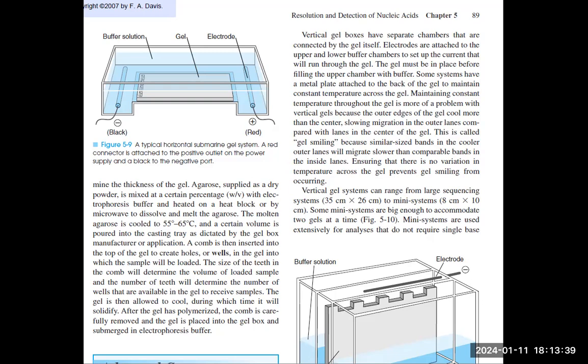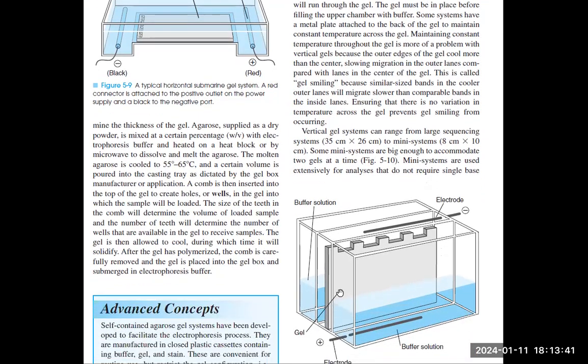Think, guys, that the outer parts of our gel, of course, are cooler as compared to the central area, right? So even if the bands are similar in size and have the same base pairs, the problem is the bands at the outer areas tend to migrate slower as compared to the ones in the central part.